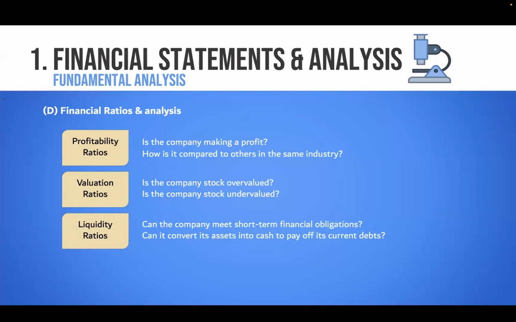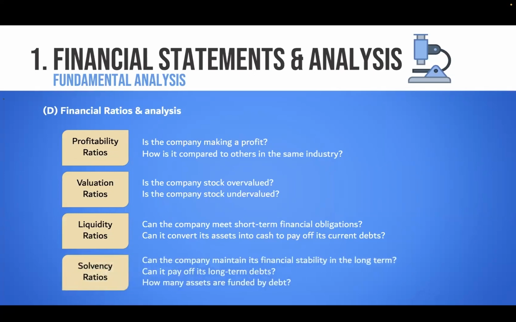Then liquidity ratios. Liquidity ratios basically tell you if something bad happens, can you meet your short-term financial obligations? Those loans that you need to pay on a monthly basis, can you pay those? How is your liquidity? How much liquid cash do you have? Or can you sell assets to pay off the current debt? Current debt is short-term debt.